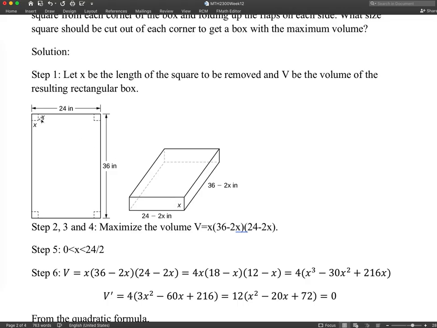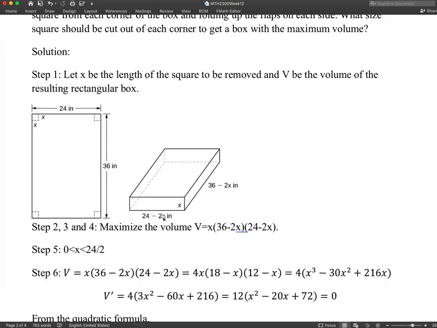Look at this part. Basically, this is how 24 minus 2x is generated. Because we are cutting a small square off from each corner. So along this side, there are 2 squares off, right? So we are going to subtract the 2x from 24 to get the remaining length, the length for the remaining part.